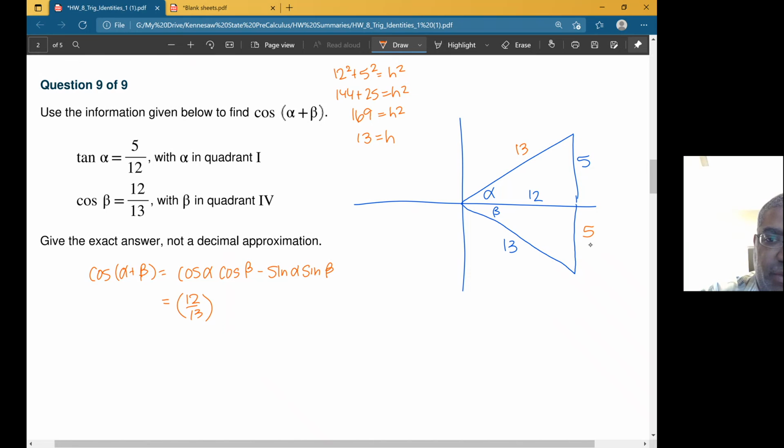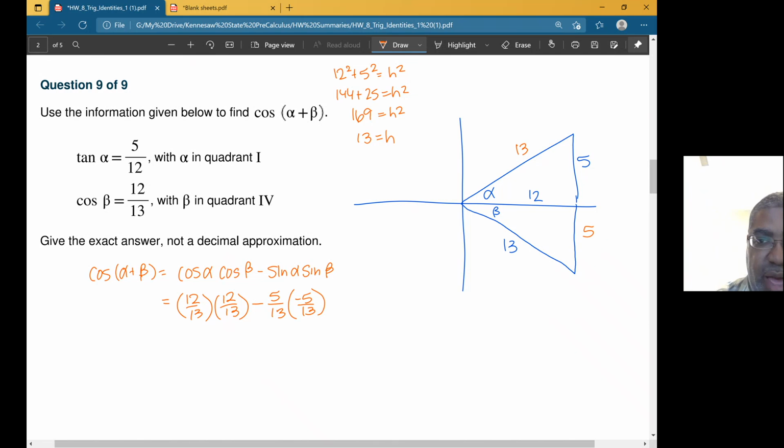Cosine of beta is 12 over 13. Minus sine of alpha is 5 over 13. Sine of beta is actually negative 5 over 13. We'll do it right.